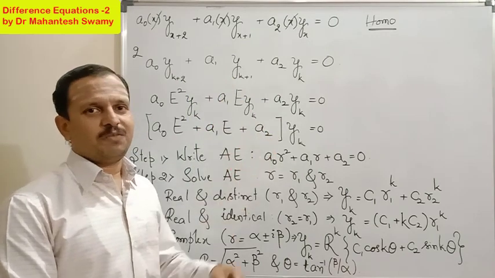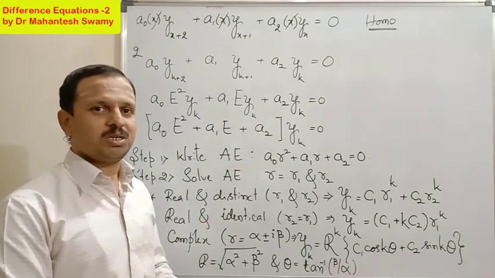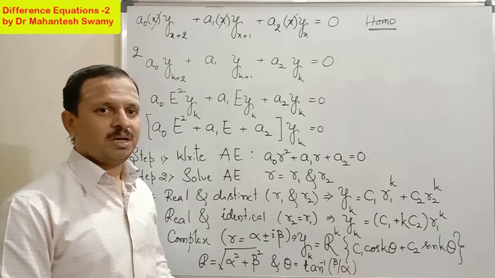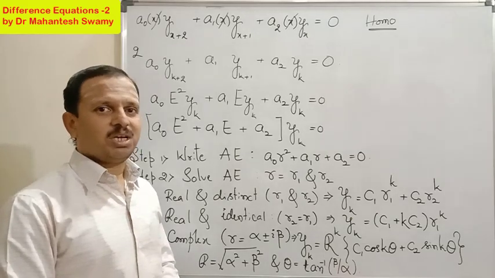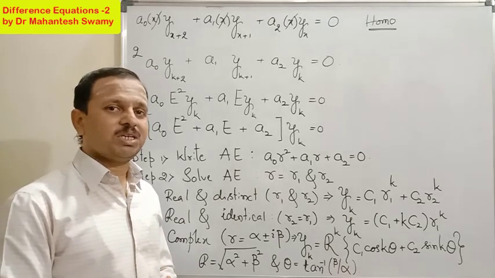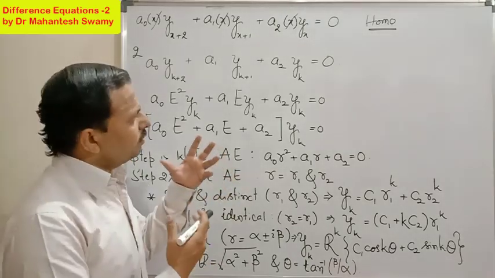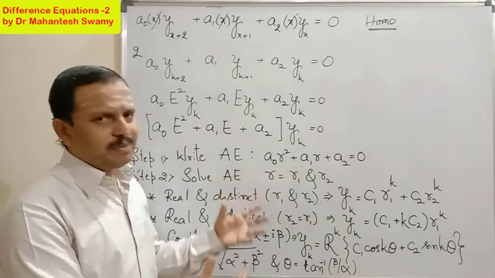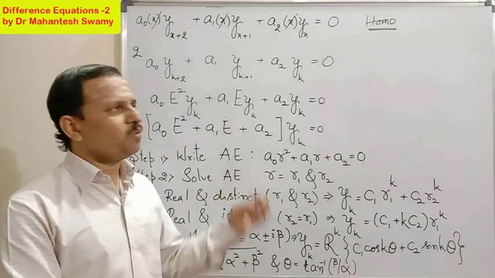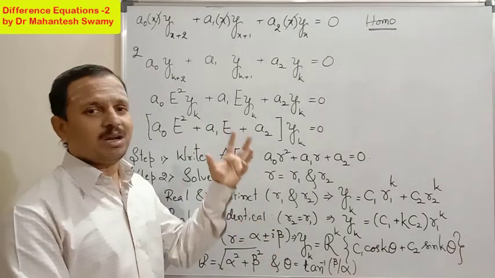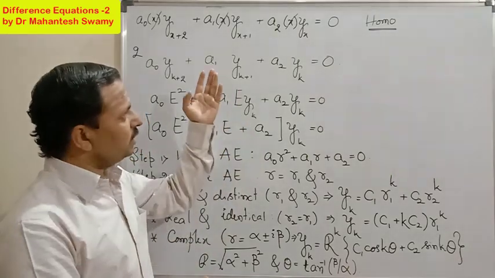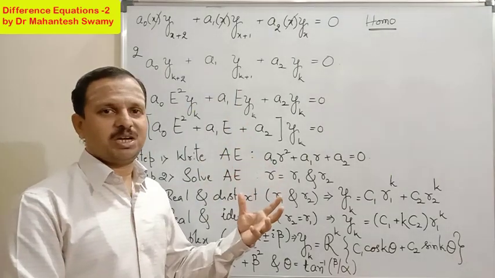We have studied the differential equations in the 4th semester or even in the 3rd semester. For linear homogeneous differential equations with constant coefficients, we have almost the same type of method of solution. So we are observing the analogy between the difference equations and the differential equations.